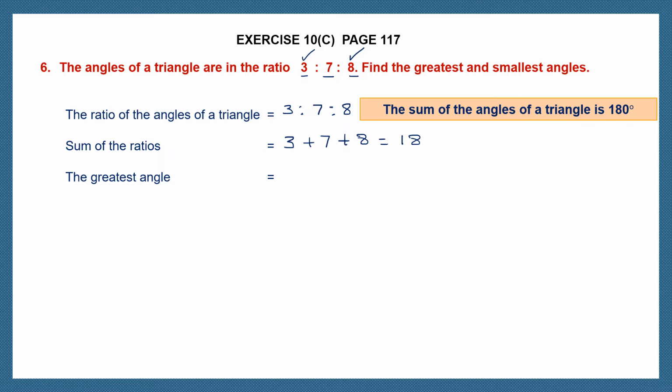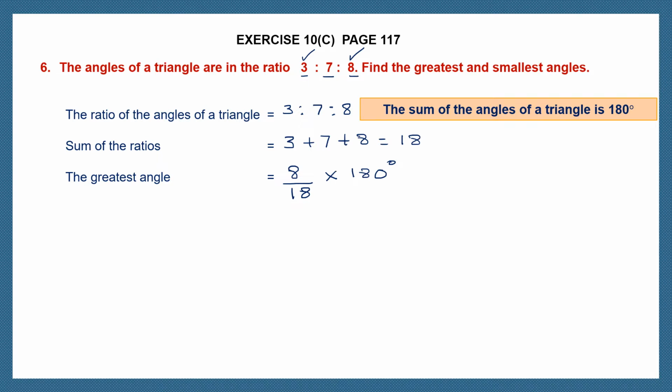So now we're going to find the greatest angle. Take 8, which is the greatest number, by the sum of the ratios, which is 18, and multiply it by the sum of the angles of a triangle, which is 180 degrees. After this we can do our simplification where we cancel.